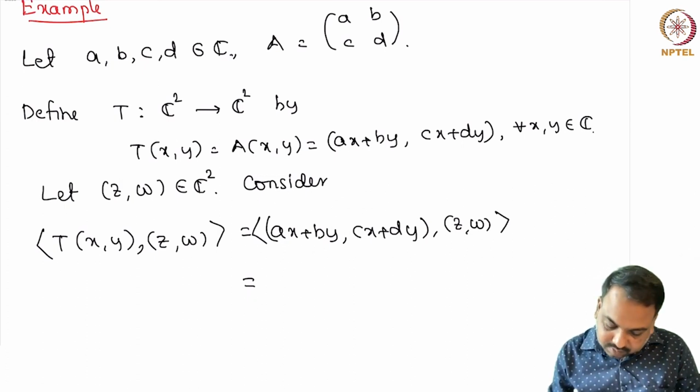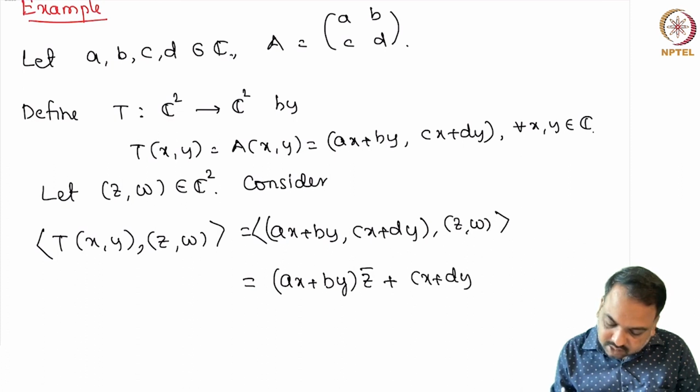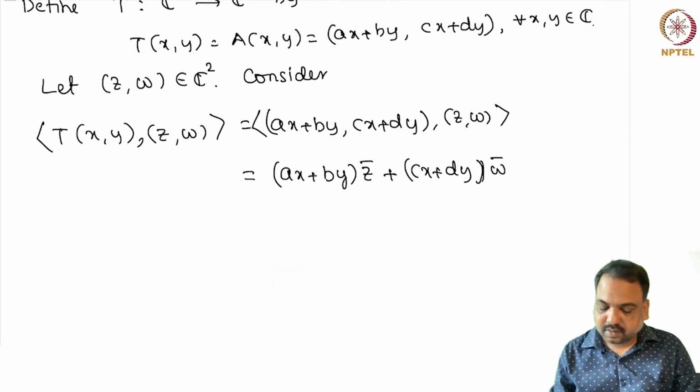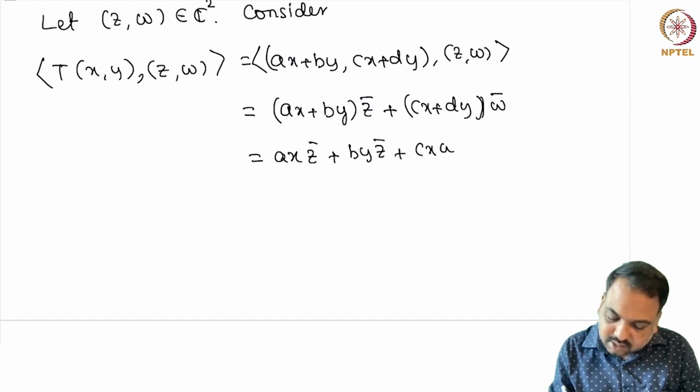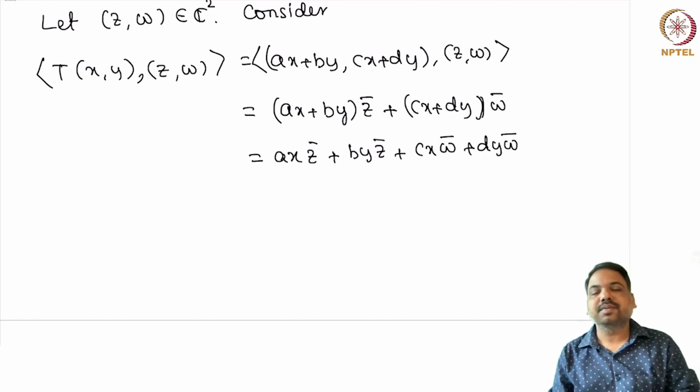So this inner product is (ax plus by) z bar plus (cx plus dy) w bar. This is nothing but ax z bar plus by z bar plus cx w bar plus dy w bar.